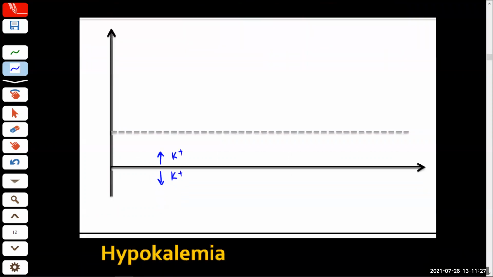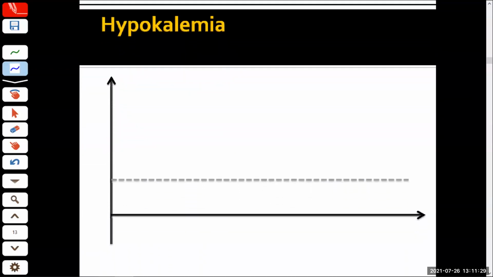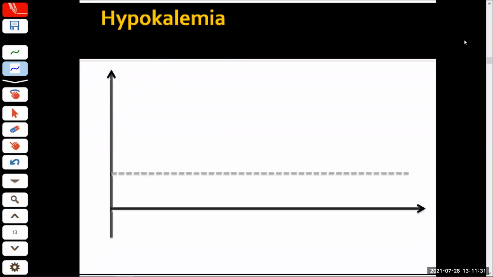Okay. So let's start with hypokalemia. What's going on with the patient with hypokalemia? In the blood, we have low potassium. What that does is that lowers your resting potential. So that's hypokalemia.